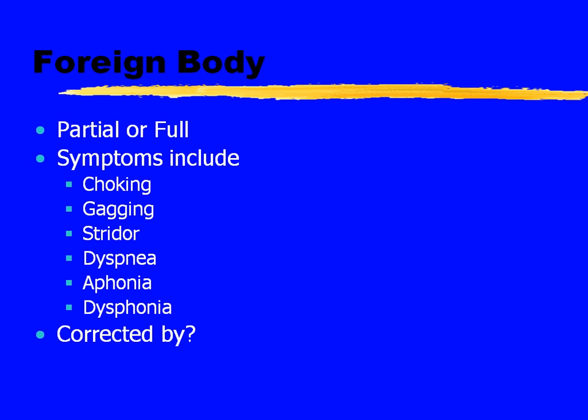Can't talk. Aphonia and dysphonia is difficulty or can't talk. So the question is, how do we correct these things? What is aphonia? Not being able to talk. And then dysphonia is difficulty talking. Think dysfunction. The A is always absent. It's something is absent of whatever that next word is.